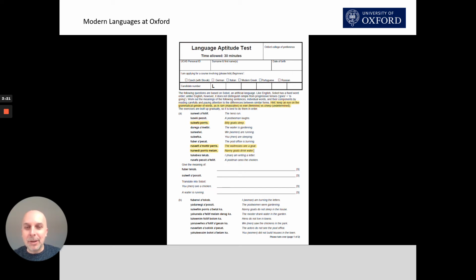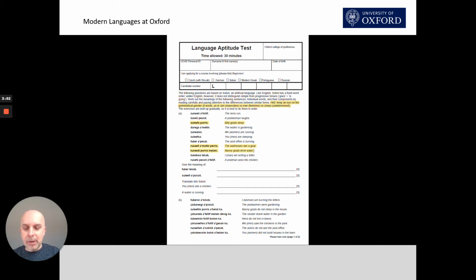And you'll notice that the word porous turns up with both the male goats and the female goats, and the word peris turns up where goats are mentioned, but it doesn't specify whether they're male or female. And so that might be your first step to trying to work out how this language functions. And once you've worked out a few of the rules behind it, you're then encouraged to both translate sentences from this language and also to create sentences in this language based on those rules.